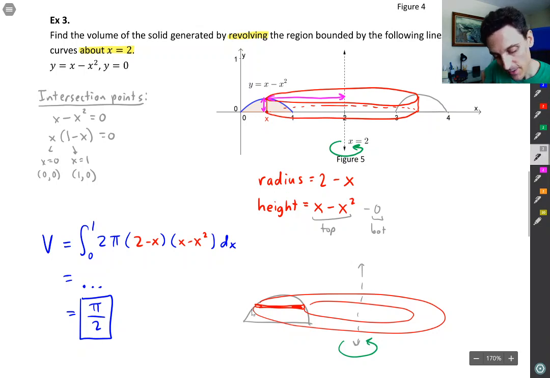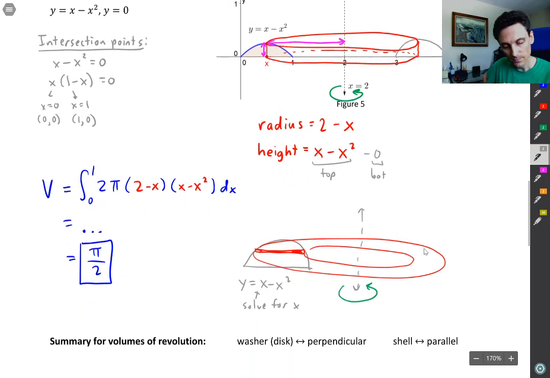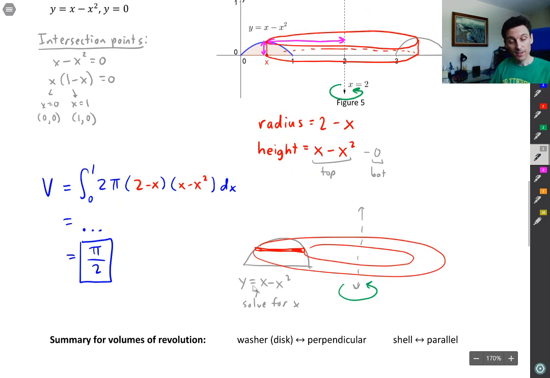To find those x values, we would have to take y equals x minus x squared and solve for x. But that's like a quadratic. We would have to use the quadratic formula, which would start to look really ugly. So this is going to be very difficult to set up. You could probably do it because you have the quadratic formula, but it would be a really nasty looking setup.